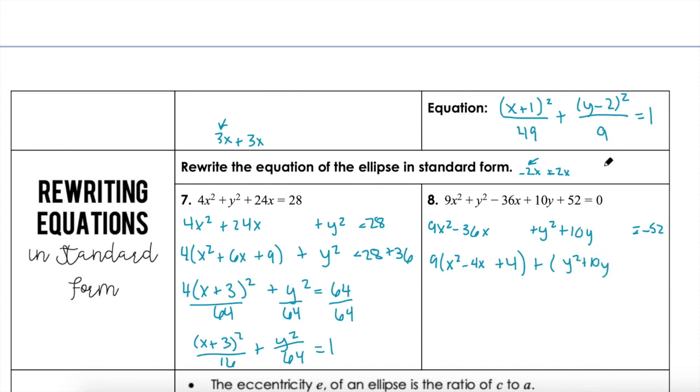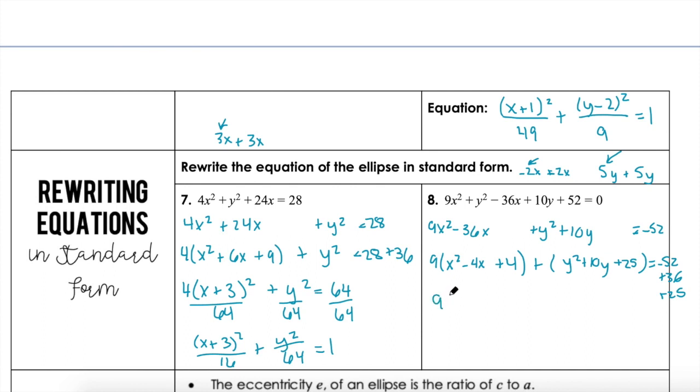And the 10y came from doing 5y plus 5y, which means we had a 5, and 5 squared is plus 25. Now don't forget, we have to add some stuff to the right side of our equation. For our x, we have to do 9 times 4, so plus 36. And for our y, 1 times 25, or plus 25.